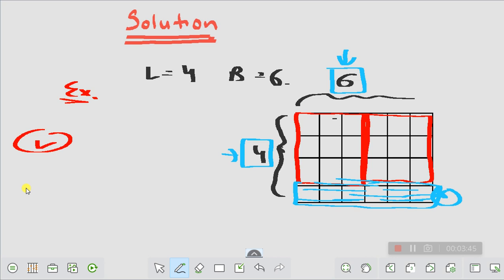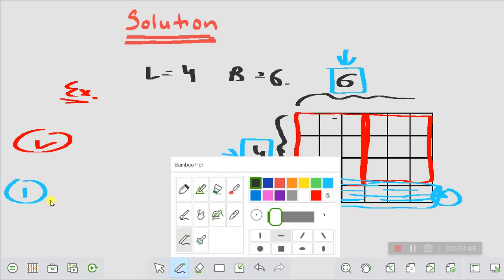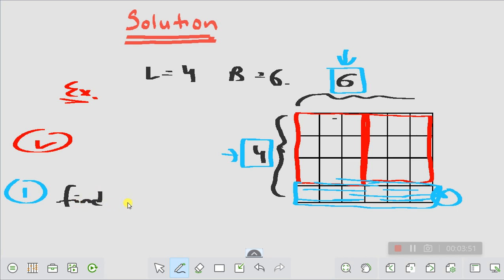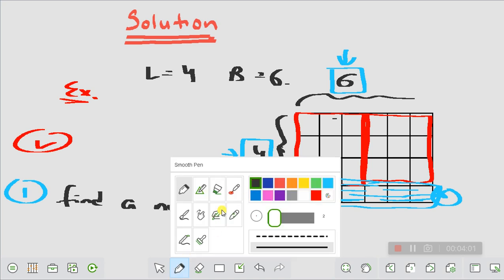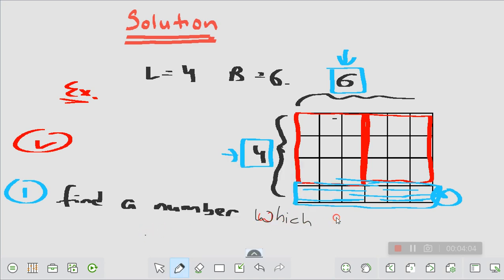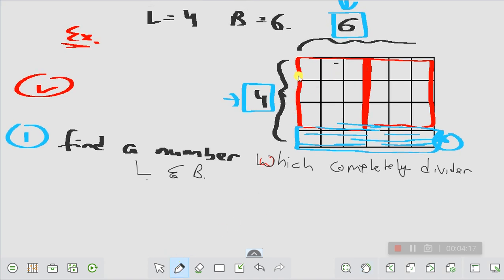So I'm going to write my first observation here: find a number which completely divides L and B. This is my first observation, because you can see here that if 4 and 6 are not getting completely divided, then I'm going to have some residue left, and the problem says that you should not have any residue left.